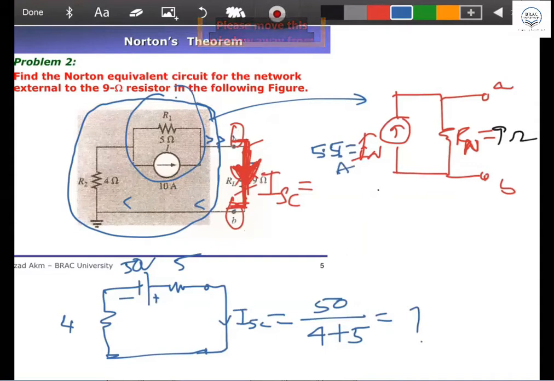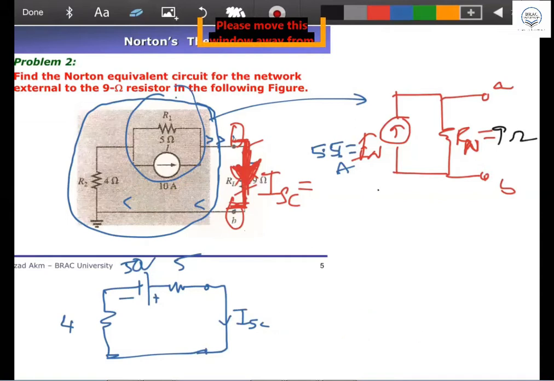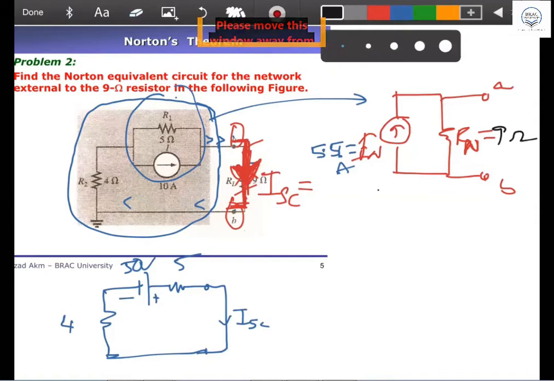You don't need to go for super mesh and all, node analysis also. Straight away. Another way is, can you tell me what is the other way? These are the basic knowledge you have to have. Another way. Okay, the other way is you can go with the current division rule.